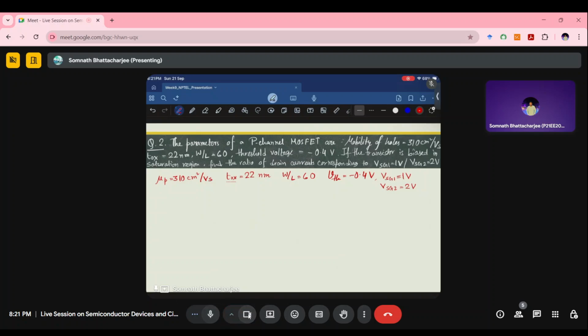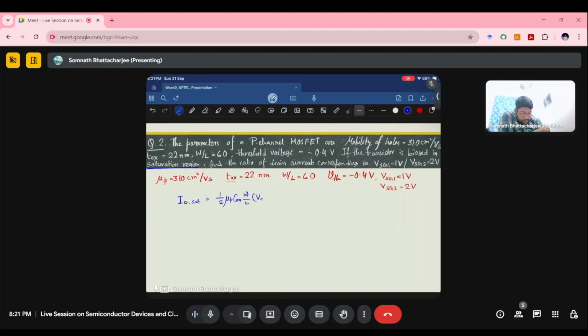I'll just write out the equation. They have already mentioned that this device is working in the saturation region, right? For the saturation region, the value of ID sat is half of mu p Cox W by L times (VSG plus VTH) whole square.